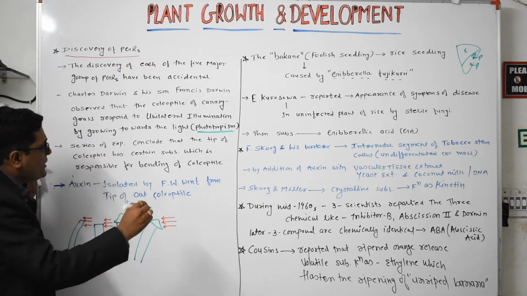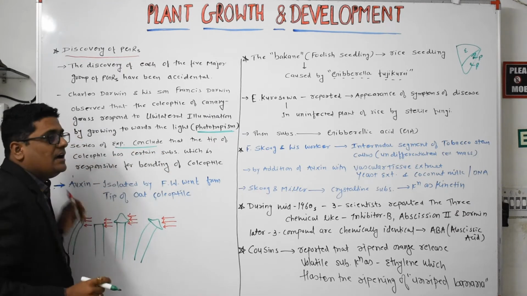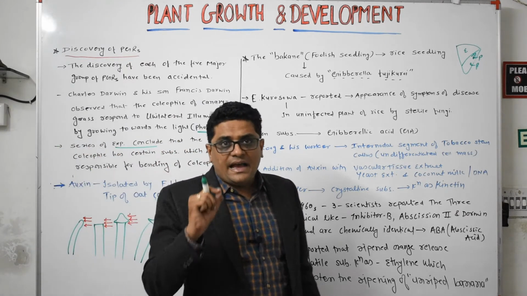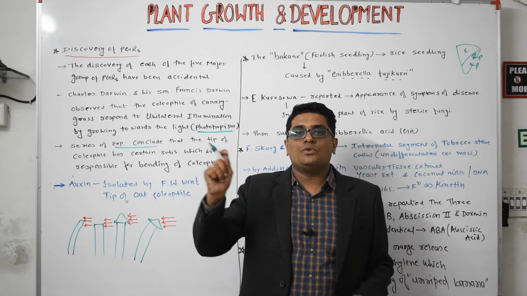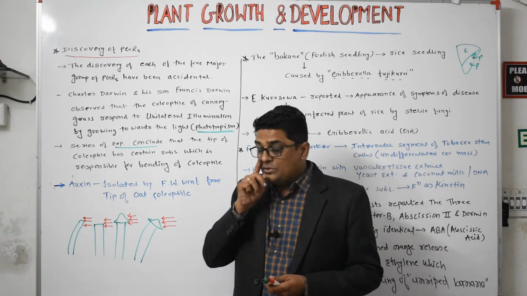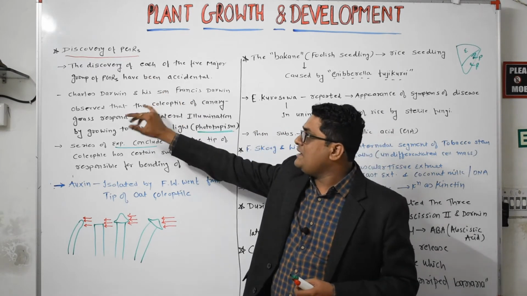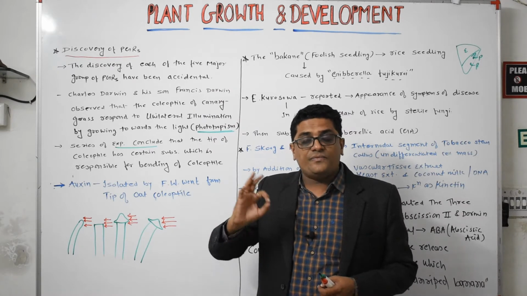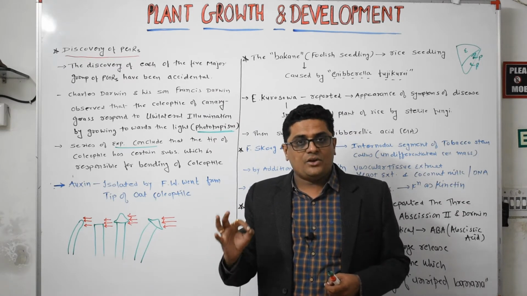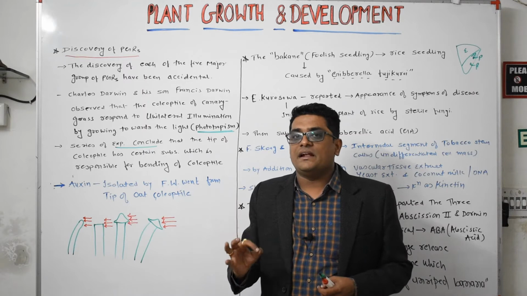And the series of experiments concluded that the tip of the coleoptile has some chemical which is responsible for the phototropism. Clear? So, the first time Charles Darwin and his son Francis Darwin observed the effect of light on the coleoptile of the canary grass plant.